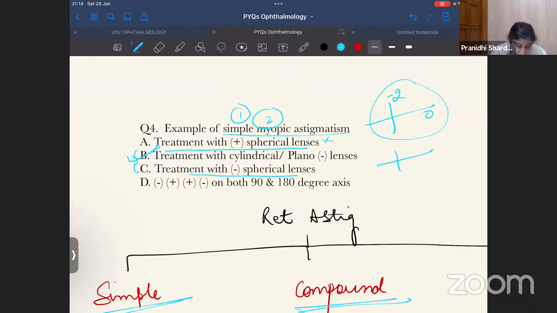So the answer will be treatment with cylindrical, plano and minus. One axis will be treated with minus and one with plano. It will not be option C. The answer will be B, because it is astigmatism.